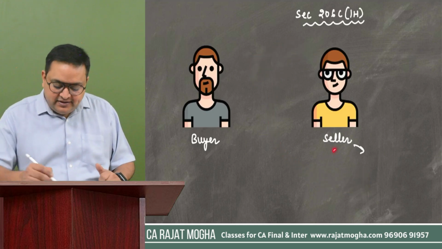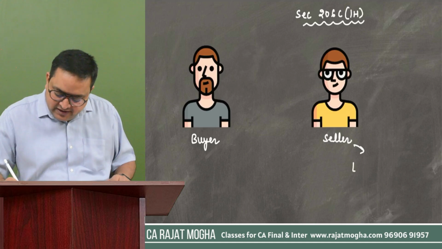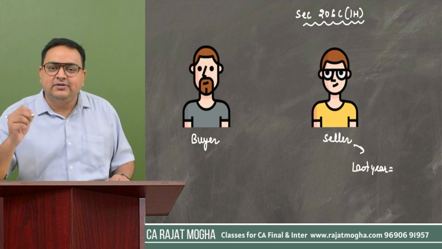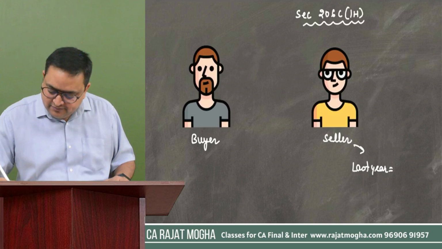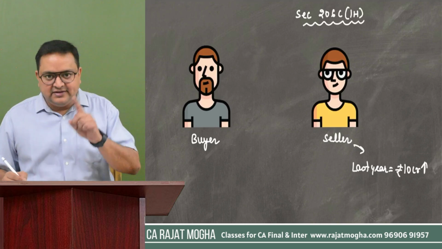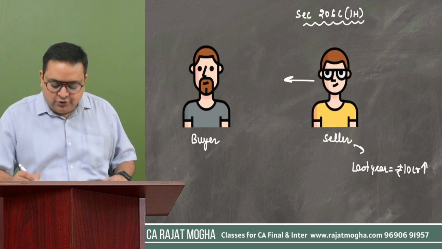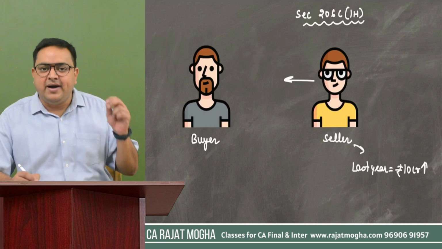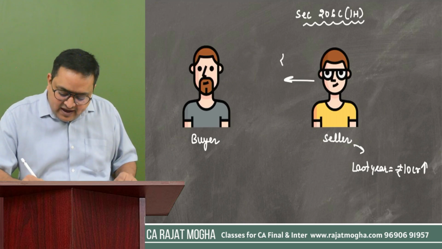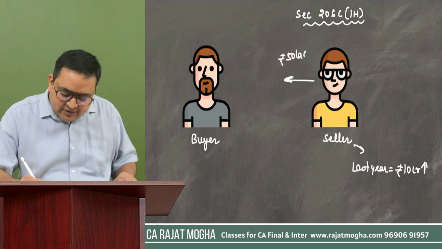If it is more than rupees 10 crore, then this section will apply. Second thing is that he is selling goods to a buyer in excess of 50 lakh during the previous year.